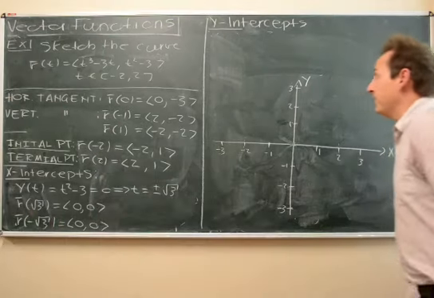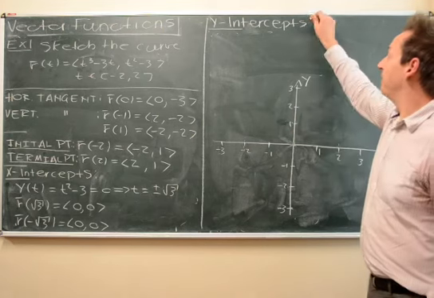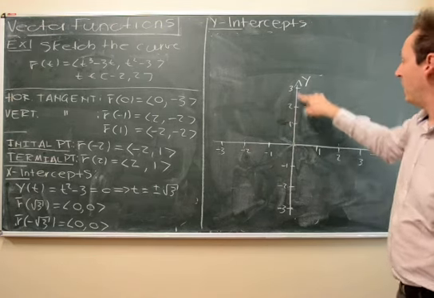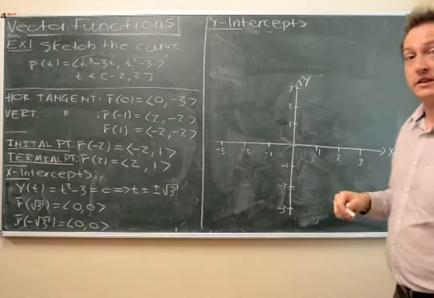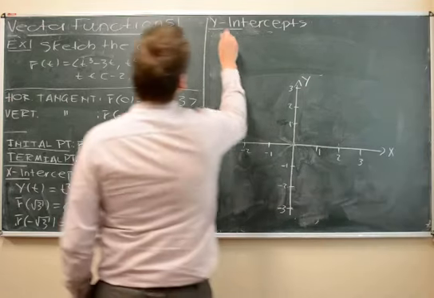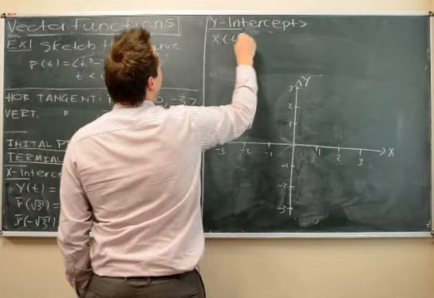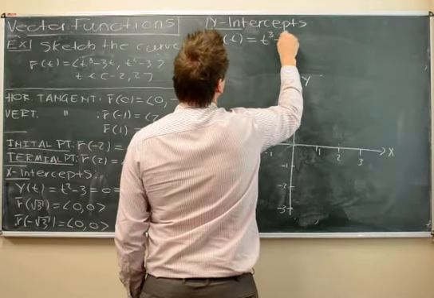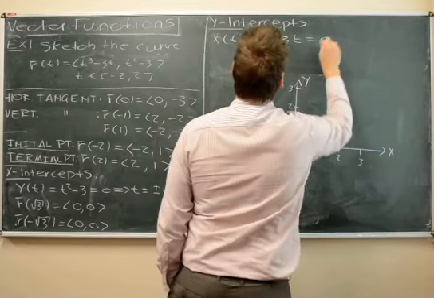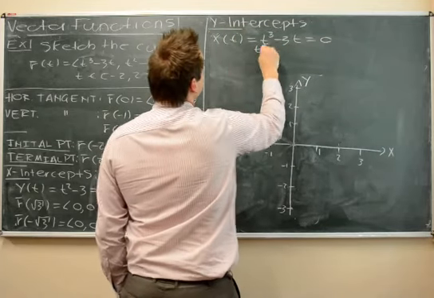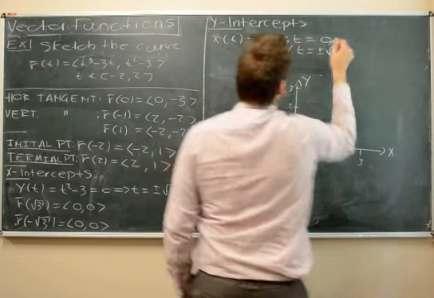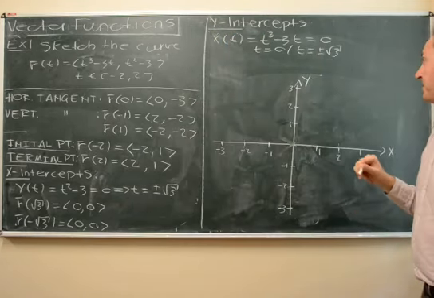Now the last thing we need to do is find the y-intercepts. That's where the curve cuts the y-axis, so when x is equal to 0. So we put x of t, which is t cubed minus 3t, equal to 0, and we get t equals 0, or t is plus or minus root 3.